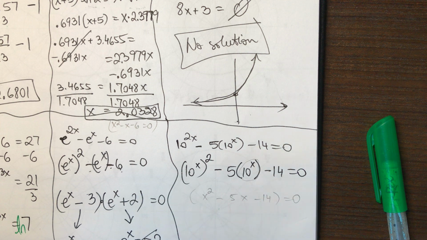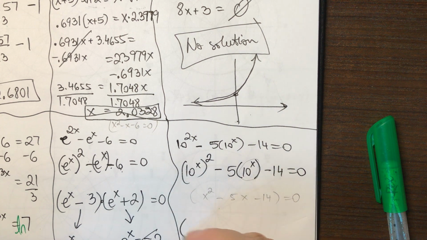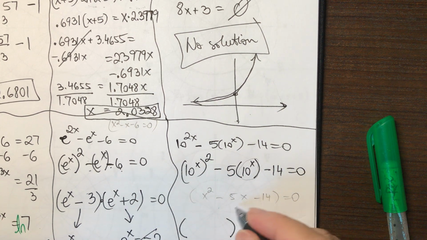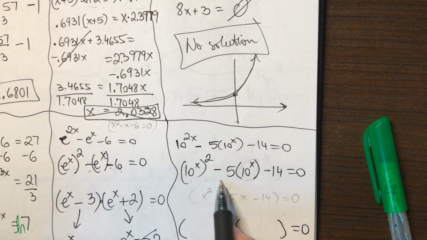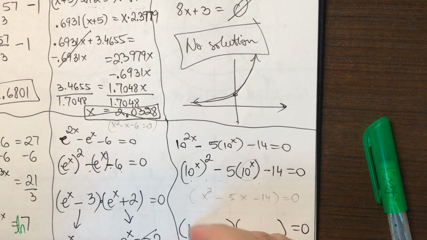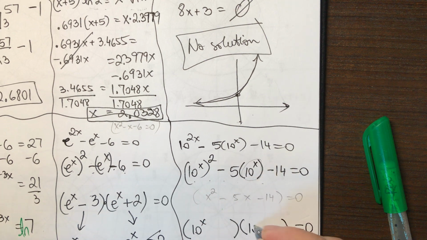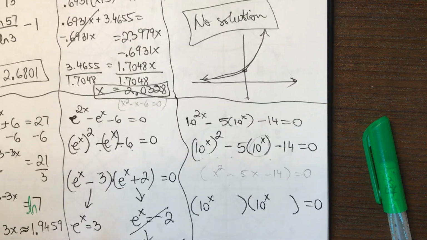Maybe I shouldn't have used x, maybe I should have used u for substitution. I usually like to use u for substitutions, or a y or something else, but again, I'm not even going to do that. I'm going to simply straight up factor this trinomial here. Who is my x? 10 to the x. In other words, that's your variable part, right, at the front.